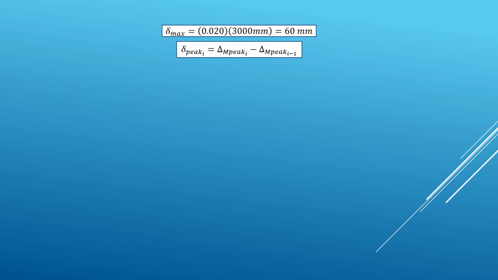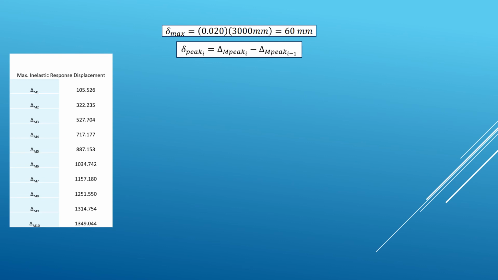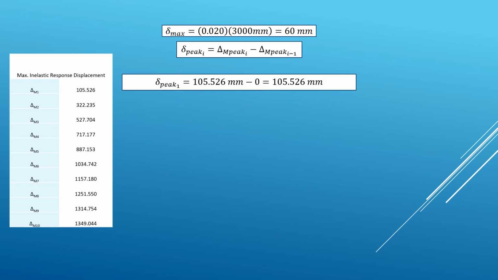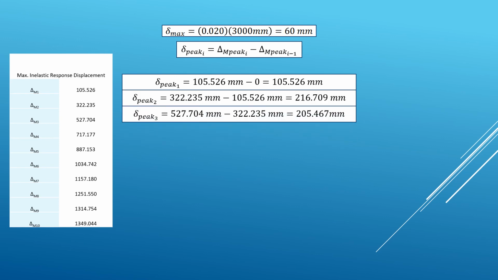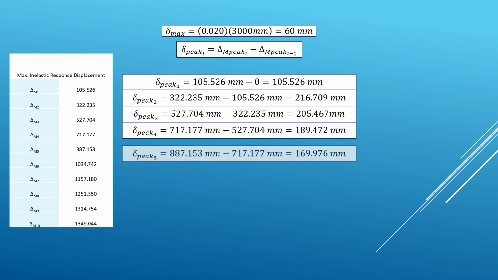To determine the drift of every peak, ito yung kanyang formula. For example, for drift peak 1, 105.526 mm minus 0 is equal to 105.526 mm. 0 kasi wala siyang floor sa baba.